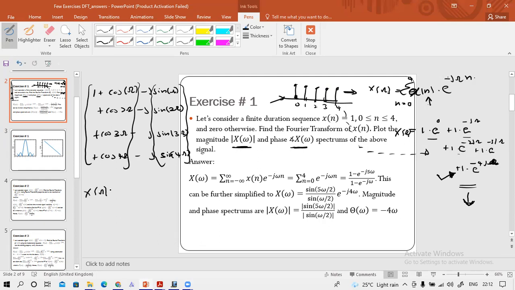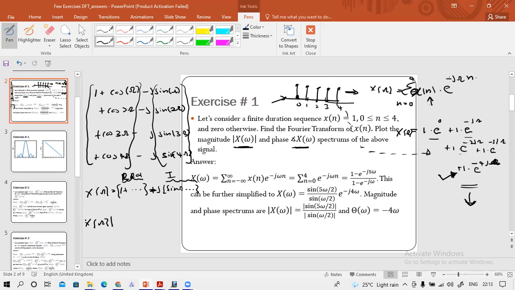So as X(omega), you will have the sum of the cos terms plus 1 as the real part, say it is R. And here you have minus j and some sine terms, sine omega and so on, which is the imaginary part, say I. So you have real part and imaginary part, so you can find the magnitude.